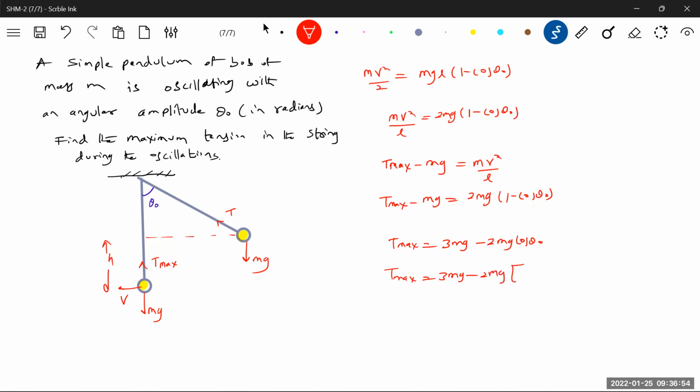Cos theta naught, I can expand it as 1 minus theta naught square by 2. Here all the higher terms we will neglect. So this will become 3mg minus 2mg.